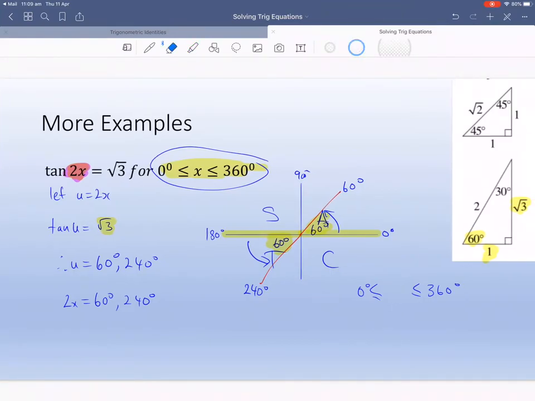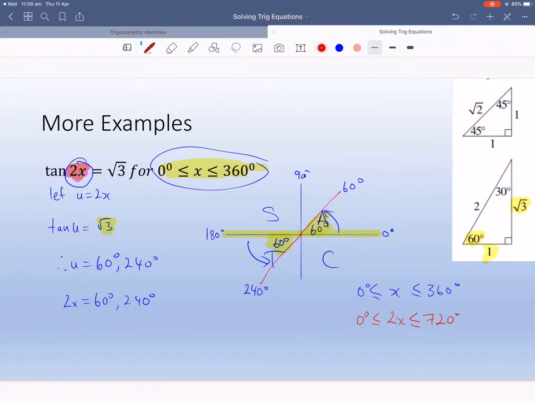Our domain is this, but we need to get 2x. So I need to multiply both sides by 2. 0 times 2 is just 0. This is 2x, and what else we have? 720, which means I need to go around again.